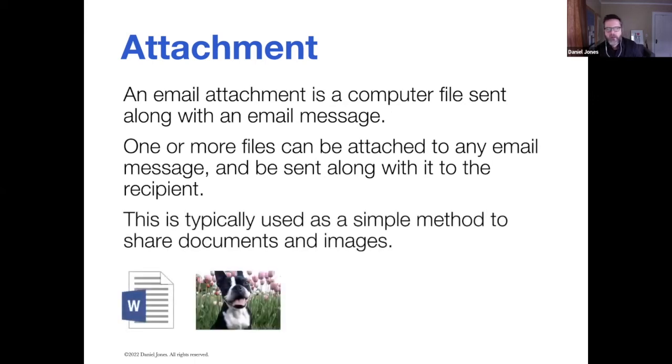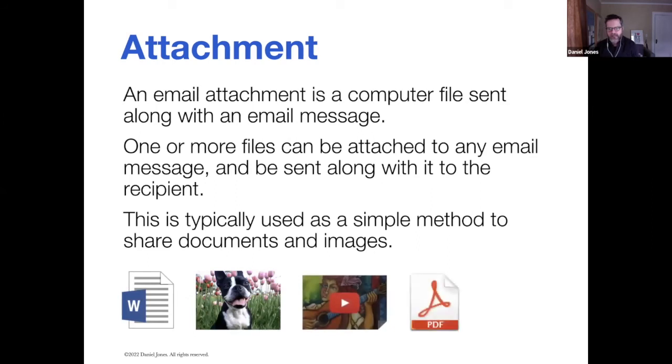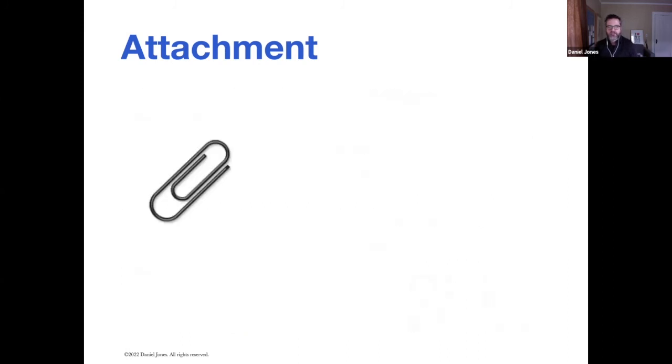Most of the time, the type of attachments that we are sending are photographs or maybe a link to a website or a video, or you might attach a Word document or a PDF file. These are individual files that you can attach to an email when you send it to somebody.